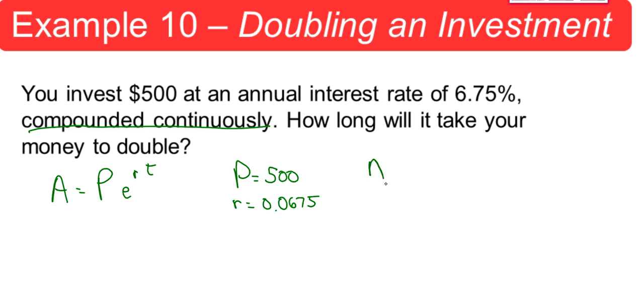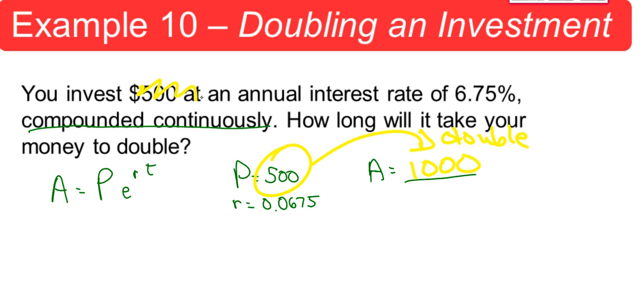So that capital A, they don't really tell us what it is, but they say we have to double things. So if we're starting with $500 and we're going to double it, then we're going to end up with $1,000. So we do know A, even though they didn't tell us. Actually, they could have given us no amount of money and still asked how long it'll take our money to double.